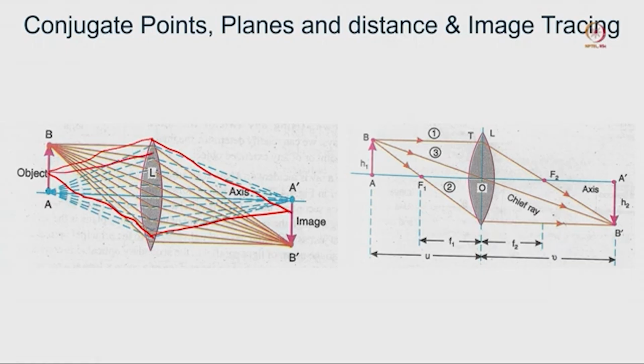So multiple rays are coming here and all will converge. Rays can come from any point of this object, and then it is forming this complete image.